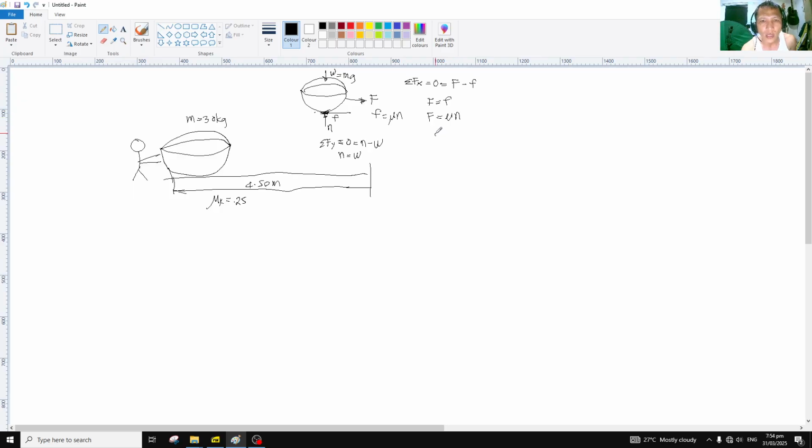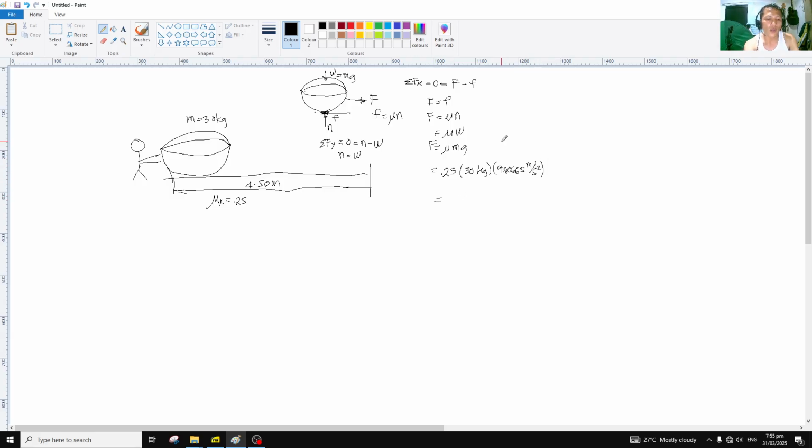So you can substitute now your normal force equal to weight. But you know your weight is equal to mg. So basically, the force that you're trying to find is mu mg. You'll substitute mu, that is 0.25, and mass, which is 30 kilogram, and your acceleration due to gravity is 9.80665 meters per second squared.